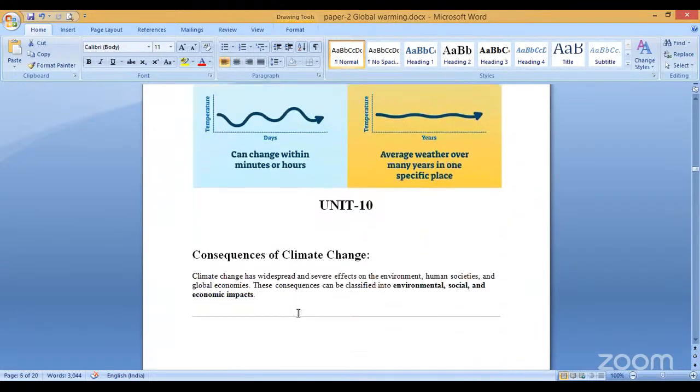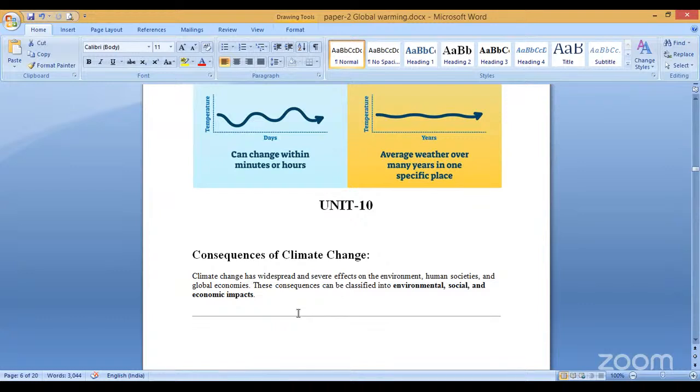And today's class is Unit 10 in Block 1. In this unit, we are going to discuss climate change and its consequences.